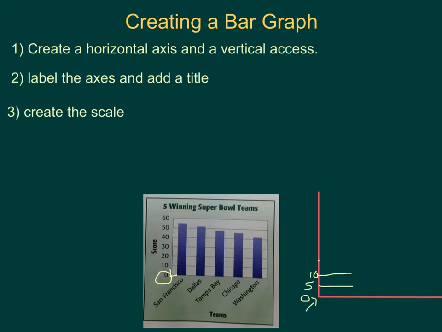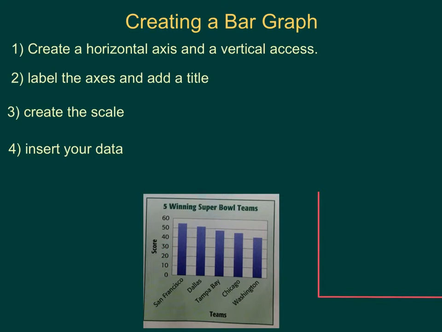And notice how I'm putting the numbers right on the line, so I know what number each line is at. So you can see that done right here as well. Here's the line, here's the number. Here's the line, here's the number. Sometimes people put their numbers in between lines, and then you don't know which number goes with which line.